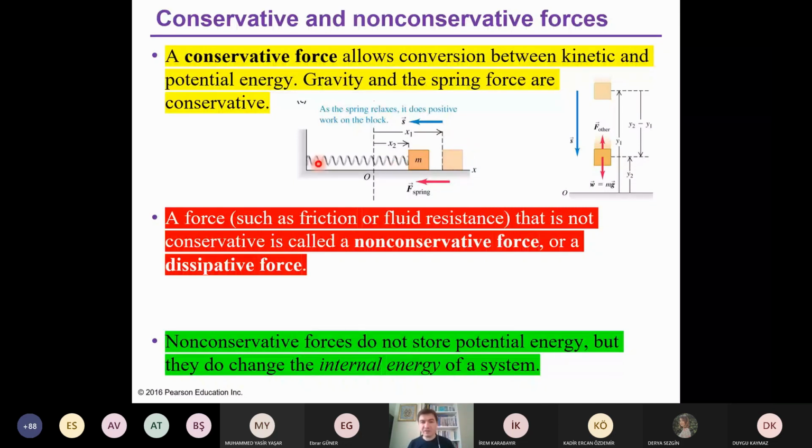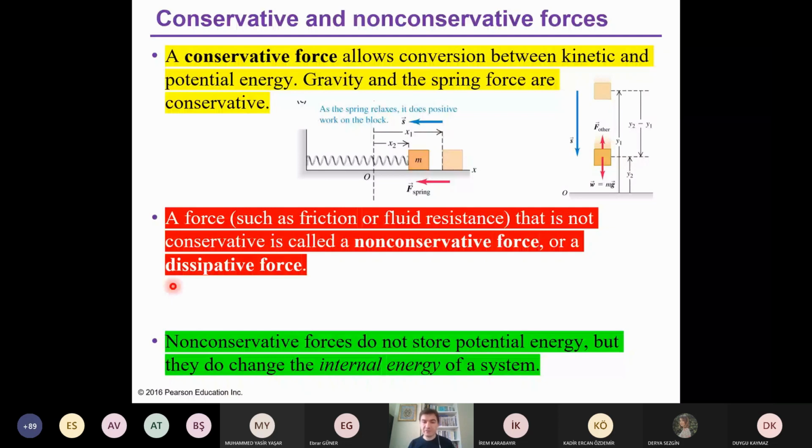But in case of non-conservative force, for example, friction force or fluid resistance force, these forces are called dissipative force. What is the meaning of dissipative force? You lost something, okay? You lost energy.